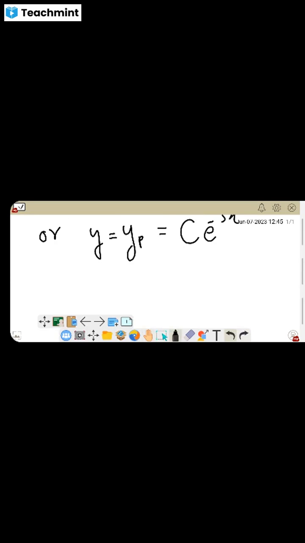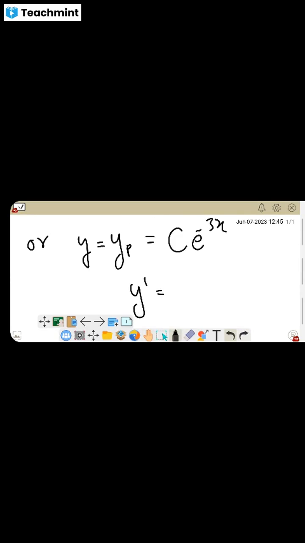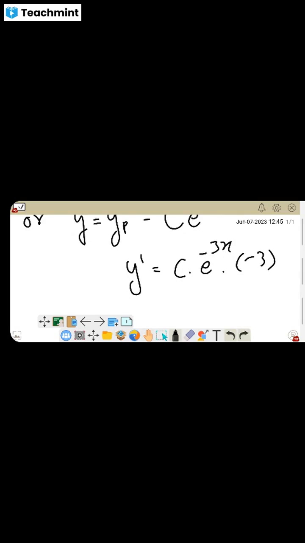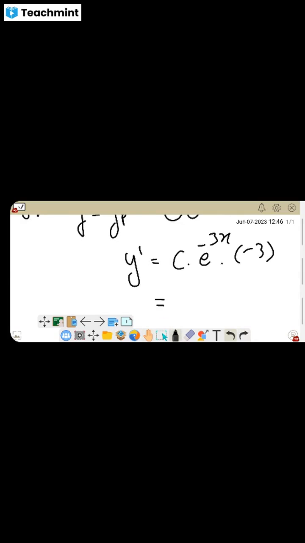Now find y dash. Here we have c into e to the power minus 3x into minus 3, which is equal to minus 3c into e to the power minus 3x.